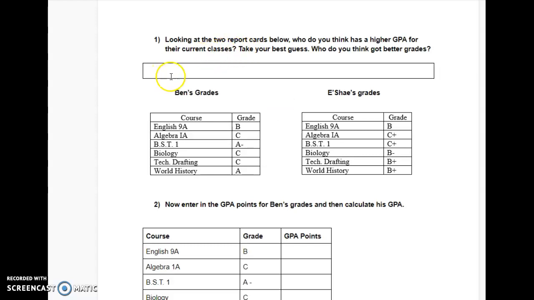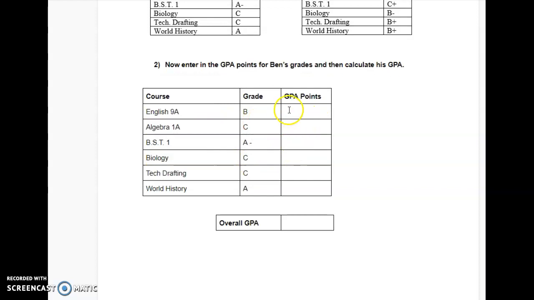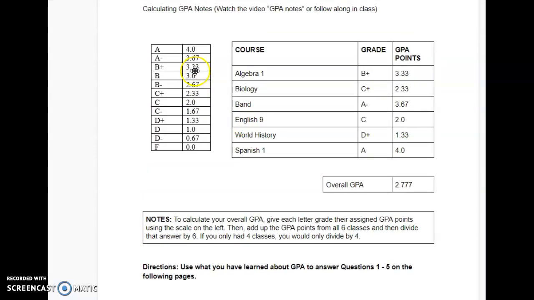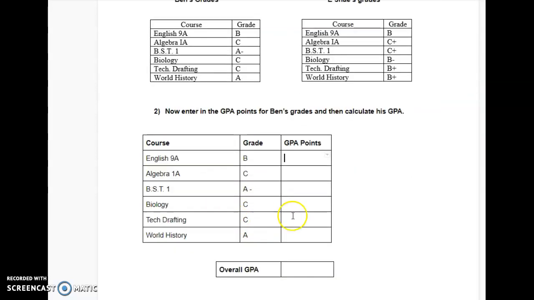Once you pick who you thought did better, just go ahead and go down and find out the GPA points for all of these. Now remember, you get the GPA points from the chart up here at the beginning. So you'll have to do a little bit of scrolling, or you can write this chart down if you want. But remember, you're just going to go in here and you're going to say a B is worth 3 points, a C is worth 2 points, an A minus.